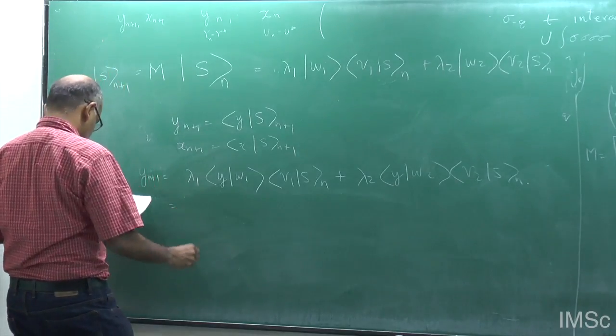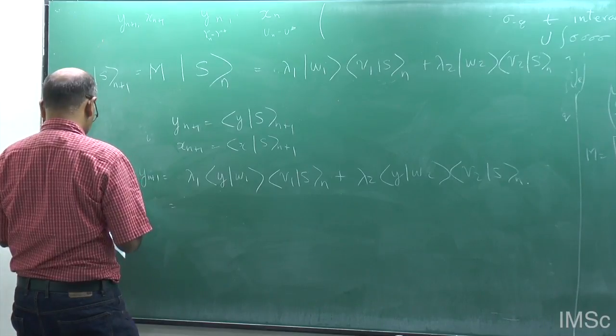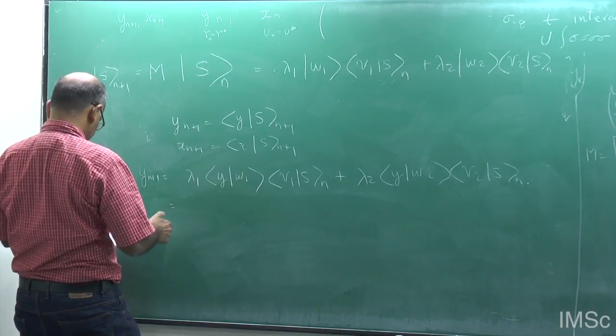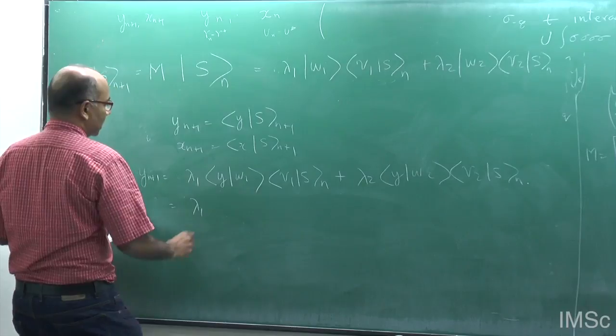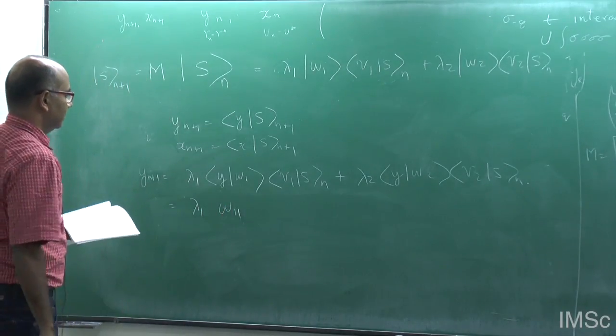Okay, so what is this? Y with W1 is this, 1, 1.